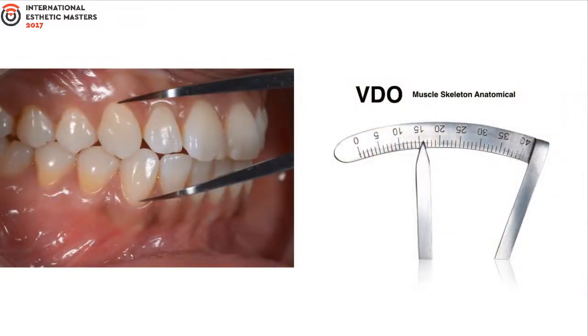This is a person who clenches her teeth a lot, mainly because of stress, and had several worn dentition. Therefore, her biggest issue was her lack of vertical dimension of occlusion.